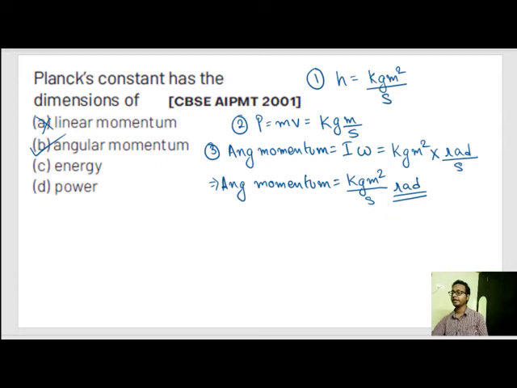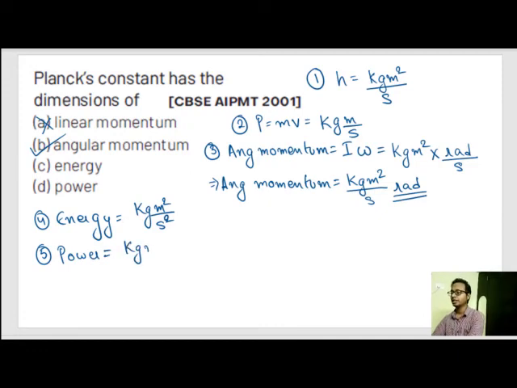Similarly, we know energy is kg meter square per second square, and power is kg meter square by second cube. These are additional information.